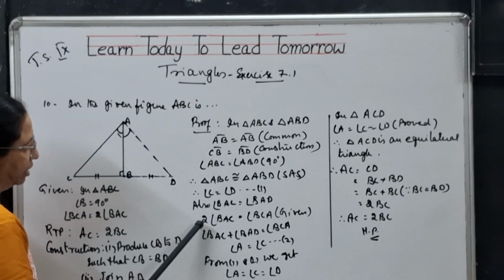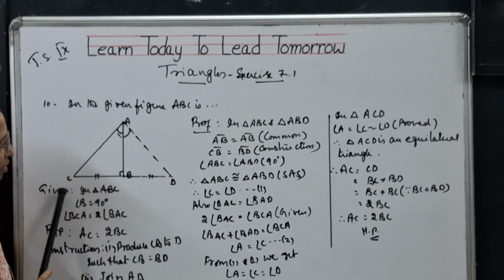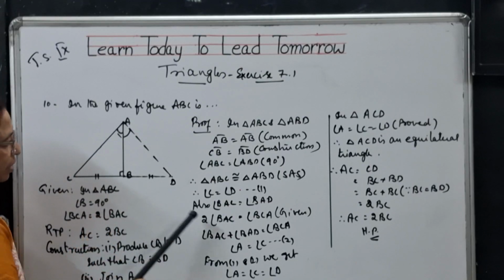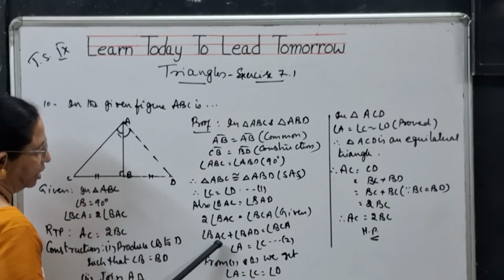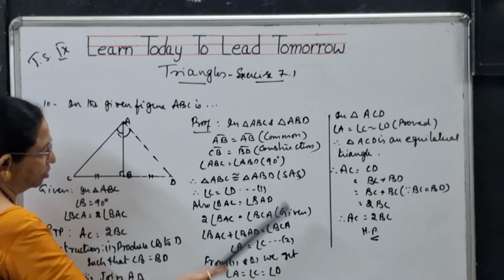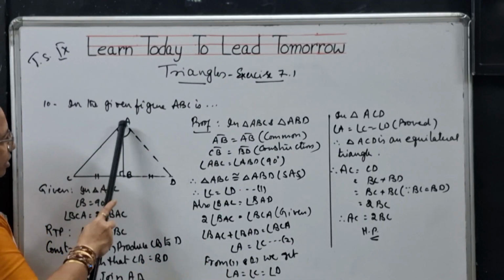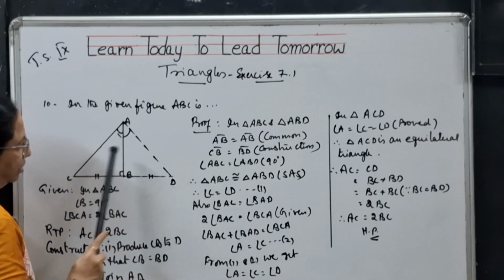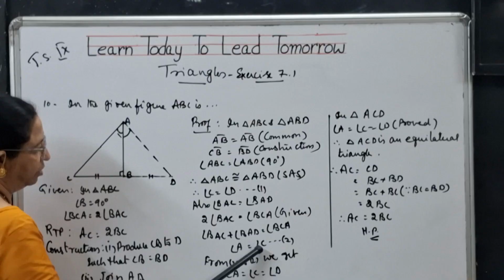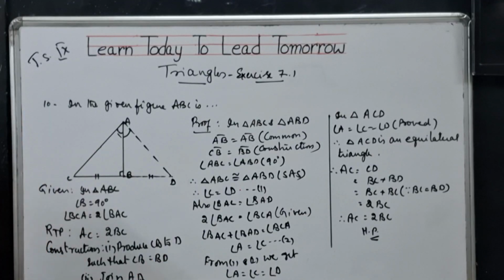Now, they have given that 2 times angle BAC is equal to angle BCA. 2 times angle BAC means I can write angle BAC plus angle BAD is equal to angle BCA. Angle BAC plus angle BAD is nothing but angle A. This total angle A is equal to angle C. That is the second equation.